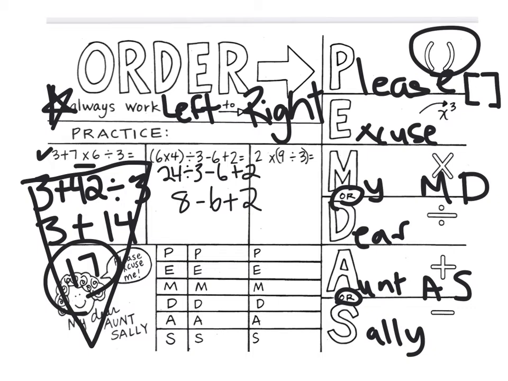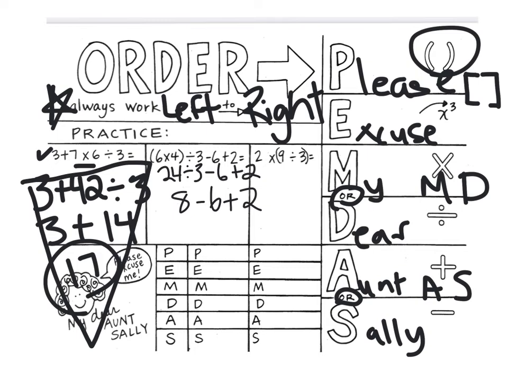All right. I'm almost to the point where I'm finished. But now I'm looking at, again, this is the part where you have to think simultaneously: please excuse my dear Aunt Sally, and left to right. Because now I've got an addition problem and a subtraction problem, and they're equals. So since they're equals, I have to think, all right, what comes first, left to right?